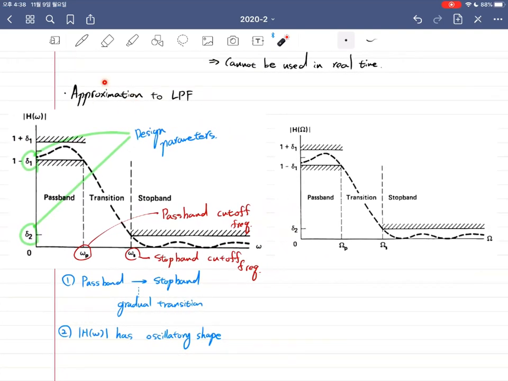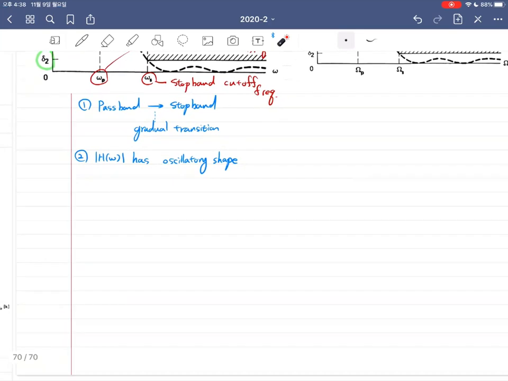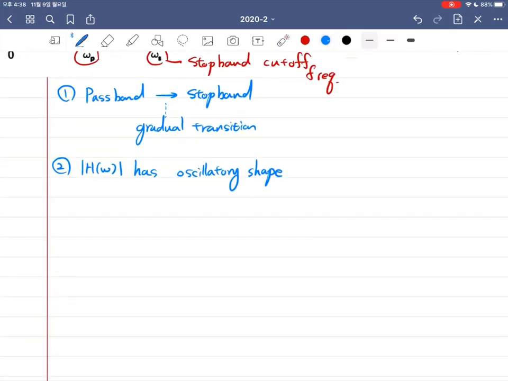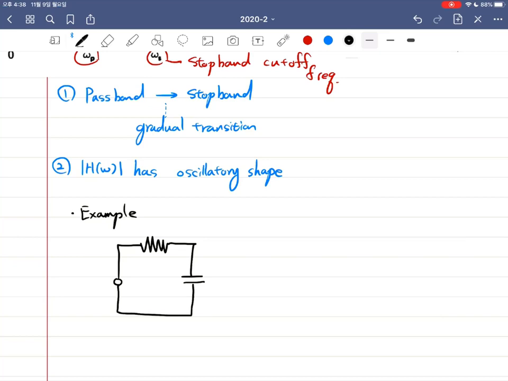So this approximated LPF, we can witness in the RC circuits. So I will have an example of the simplest type. We should have a voltage and a resistor and the capacitor.